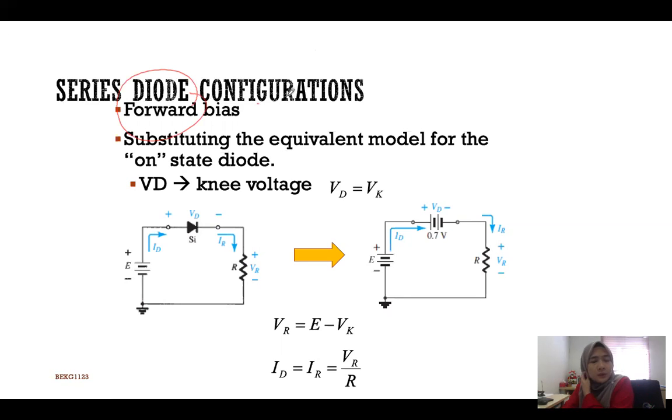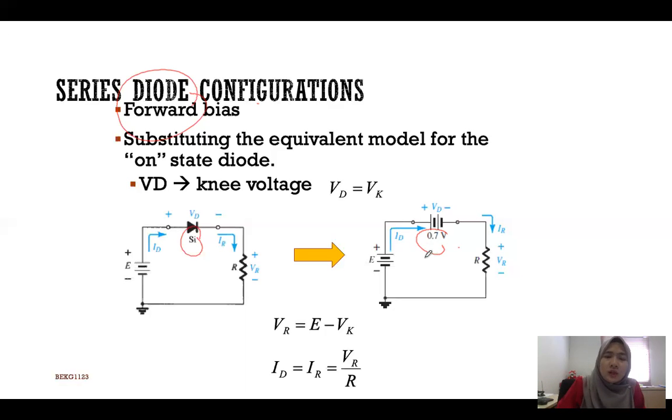Because it is already stated silicon, we should use the approximate model, because the material of the diode is given as silicon. Based on the previous slide, during forward bias this diode will act as a voltage source of 0.7 volt, depending on the material.